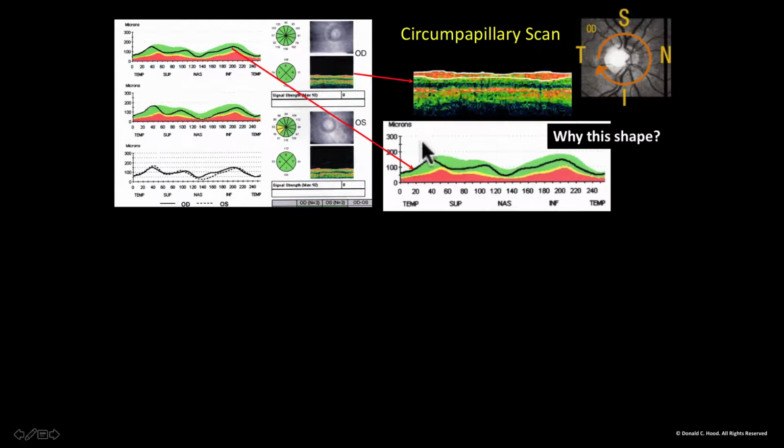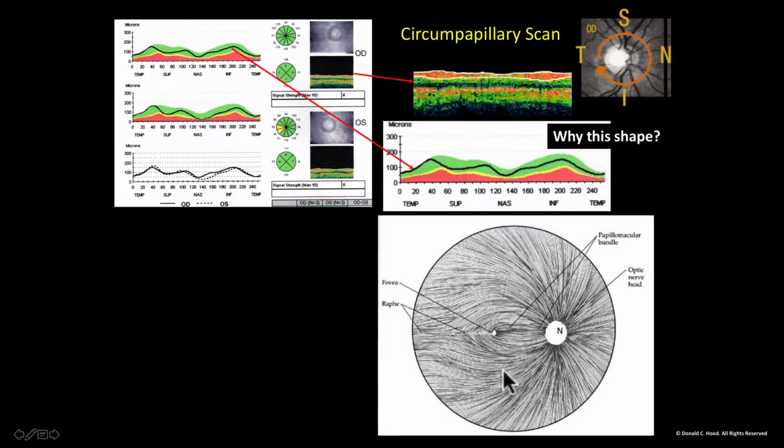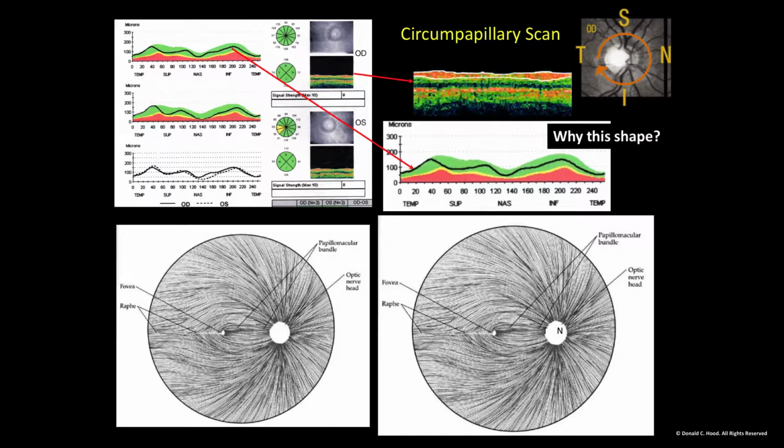Okay, so why this bumpy shape here with the peaks and the troughs and so on? Well, to understand that, let's go back to our surface anatomy. And the thin place right here, the beginning of the middle of the temporal quadrant, is thin because the axons here are going more or less straight in. This peak here, shown in red, corresponds to those axons bunching up in the superior part of the disc.